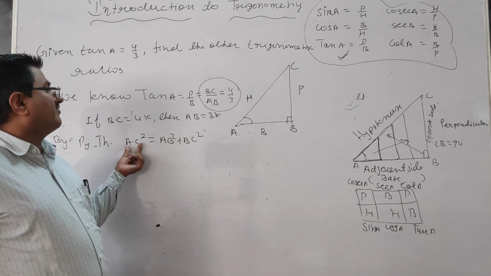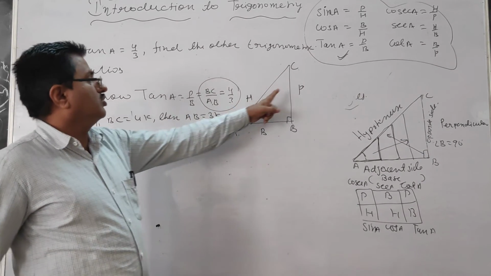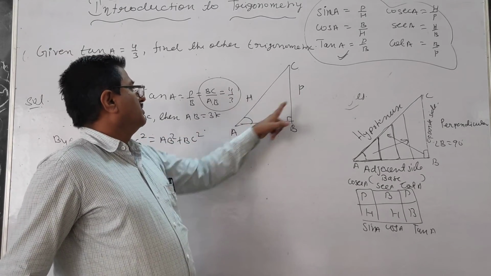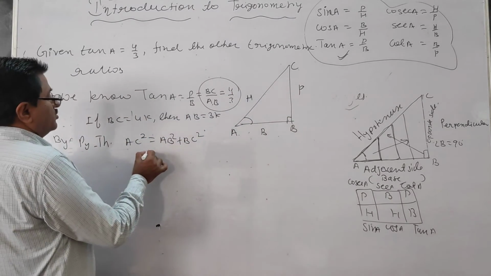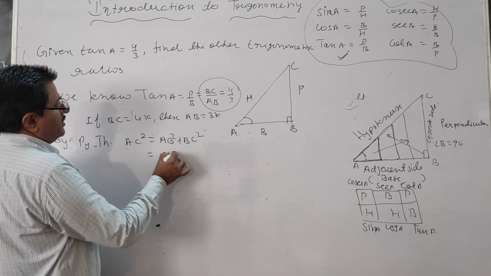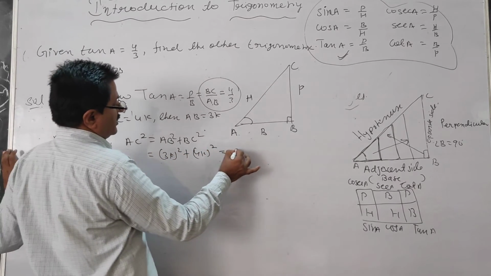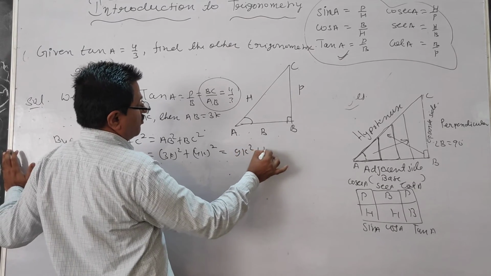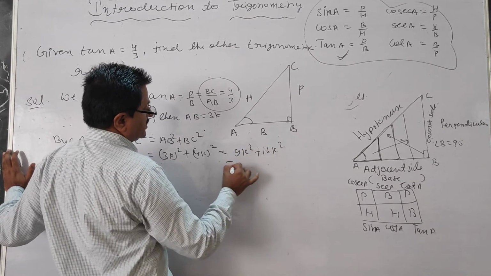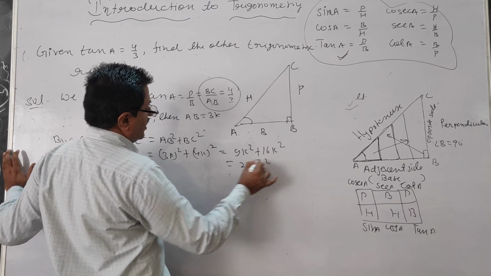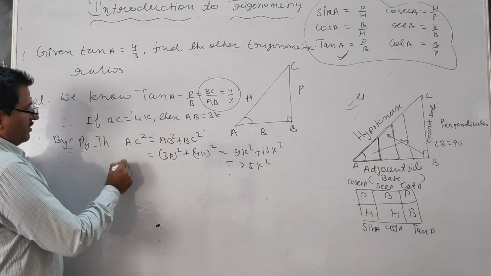So we have to find the hypotenuse, because perpendicular and base both are given. So put the values: (3K) square plus (4K) square. That is 9K square plus 16K square. So we get 25K square. This is the value of AC square.